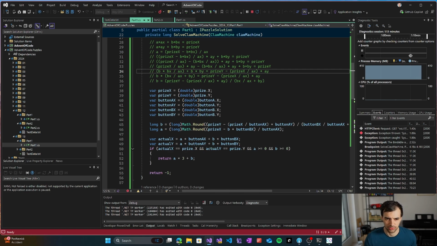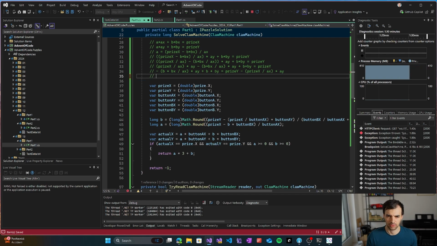So this should be times AY, and it should be also minus. So it should be B times BY minus BX divided by AX times AY equals the price.